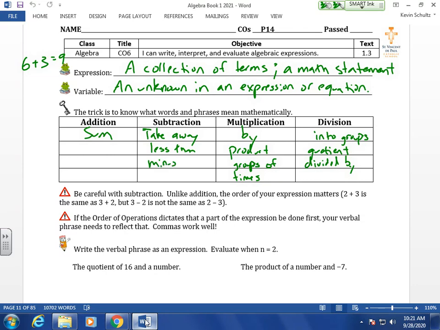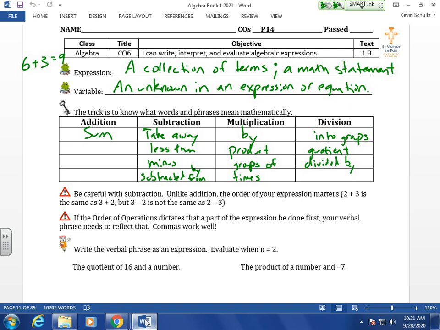Okay. The other one for subtraction that I want to make sure gets in here is the dual phrase, subtracted by versus subtracted from, because the order there makes a difference.